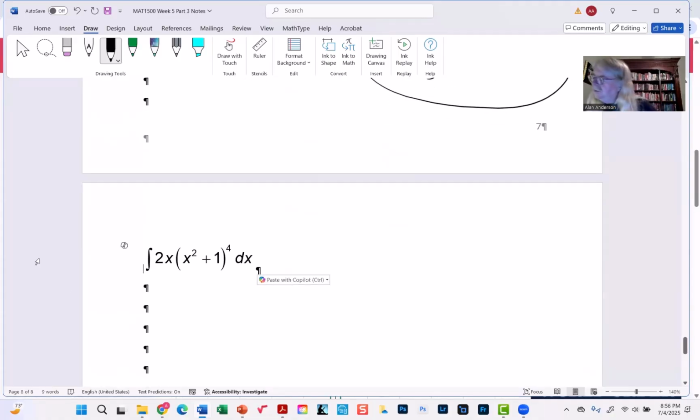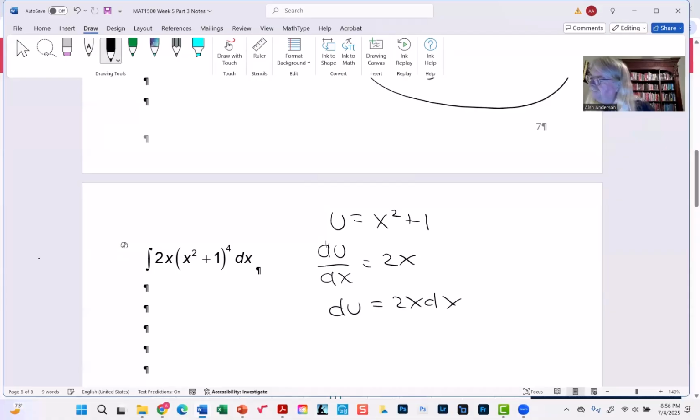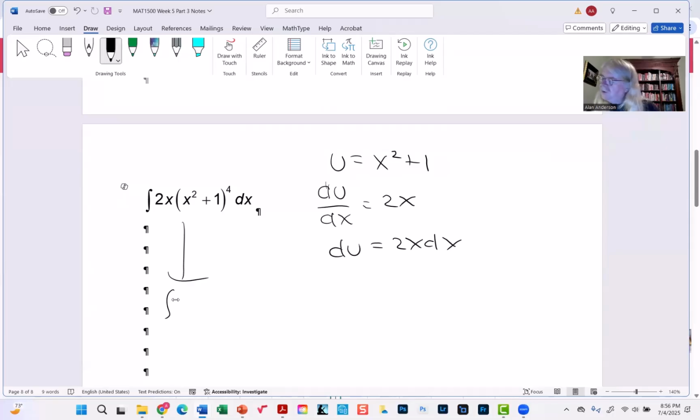So we're going to let u be x squared plus 1. That means that du/dx is 2x, which implies that du is 2x dx. And so what in the world does that do for us? Let's rewrite this as x squared plus 1 to the fourth 2x dx.